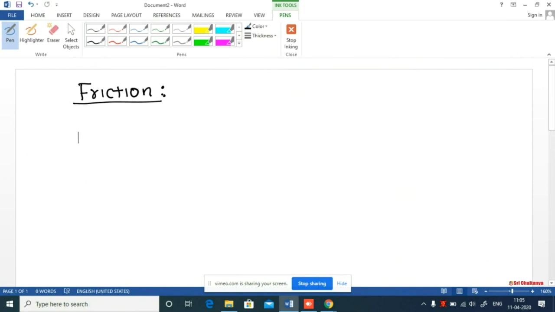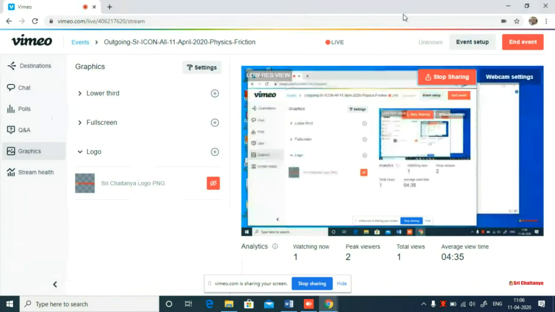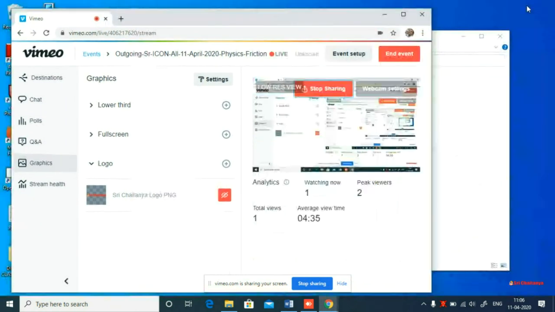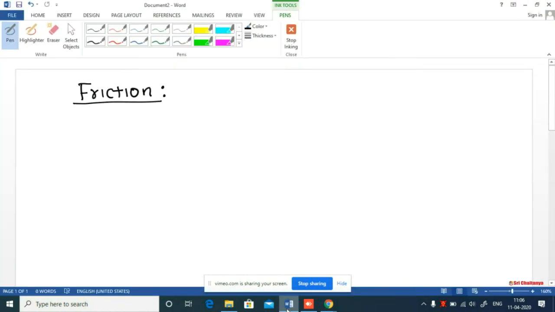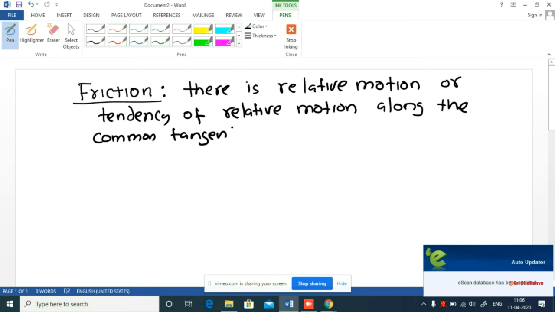So friction, as we saw, is a tangential contact force which arises when two bodies are in contact, and there is relative motion or tendency of relative motion along the common tangent.